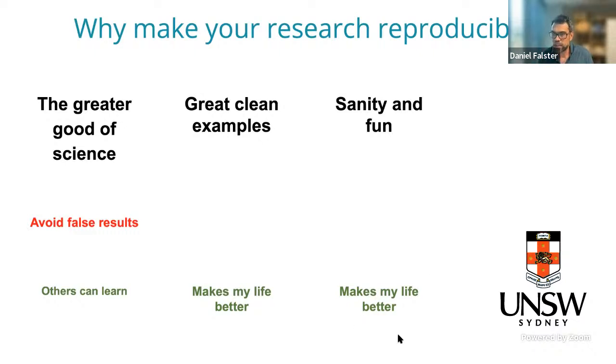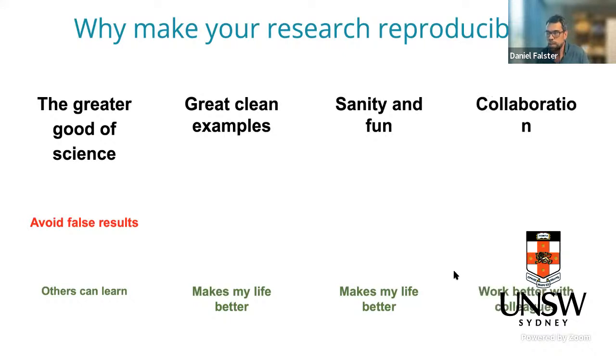The things which make your work reproducible and transparent enable you to work easier on more projects and to switch between them and to come back to them when you get reviewers' comments and so forth, and pick up where you left off with a lot less effort and brain power. And so this is where the sanity comes in. I spend less time trying to figure out where I was up to and more time doing the science, the coding, and that's a good thing.